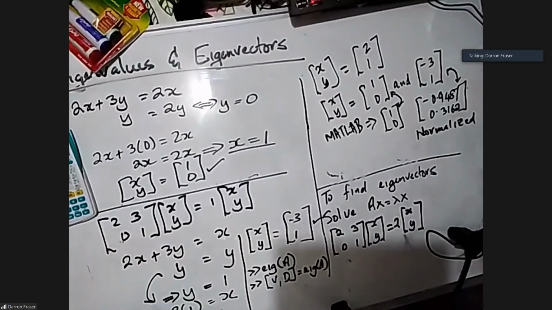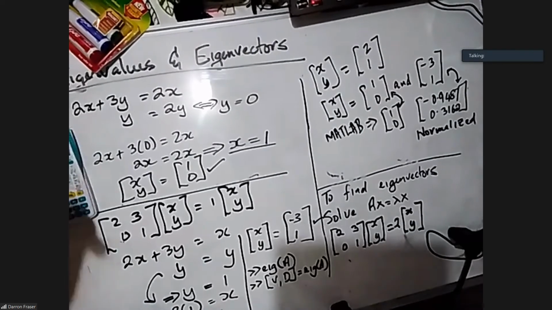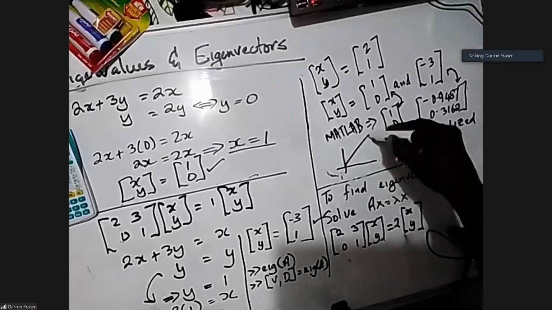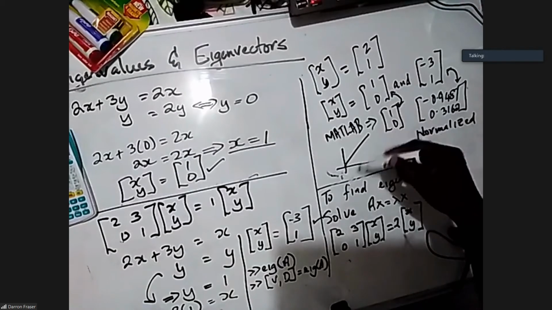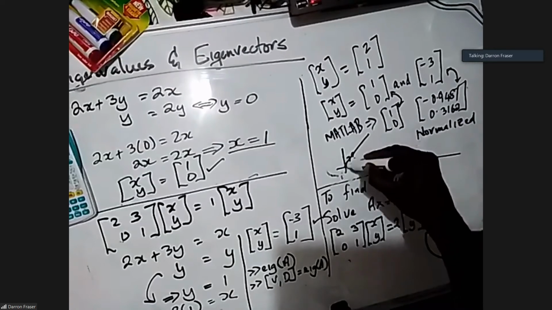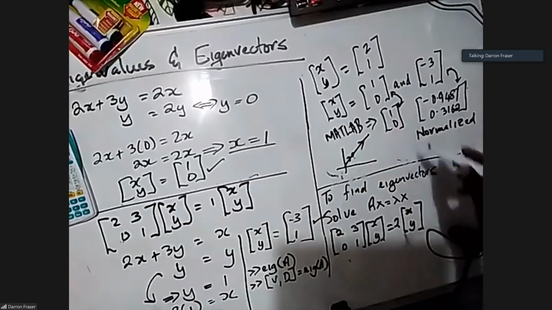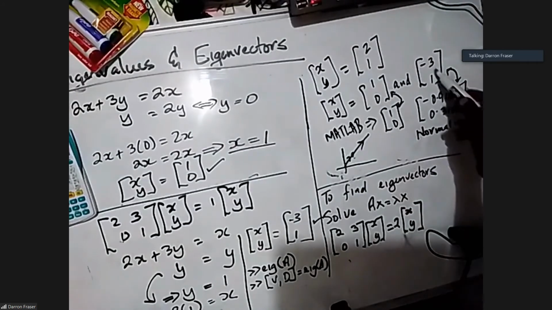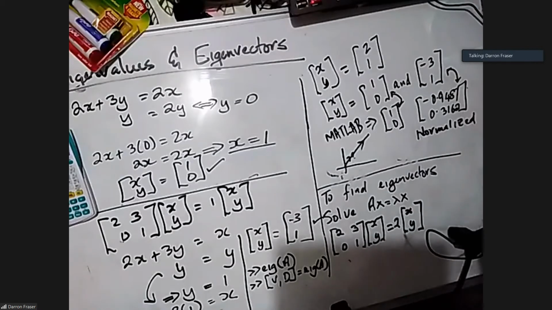So when you work it out on MATLAB, you're going to get a different answer, but the answer is basically what this is saying. If you take 3, 1, what they do is just give a vector. So the direction is the same, but the length of the vector is such that it is 1. These two are parallel to each other, but this one has a length 1, while this one has a length 10.